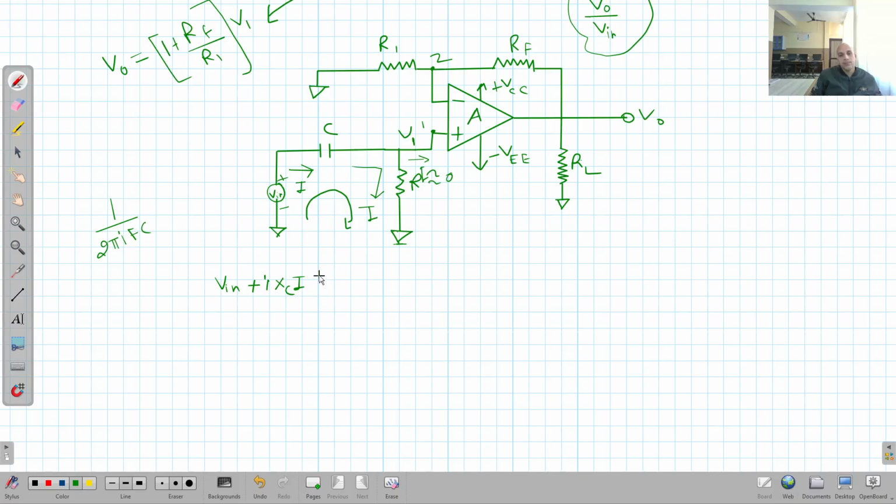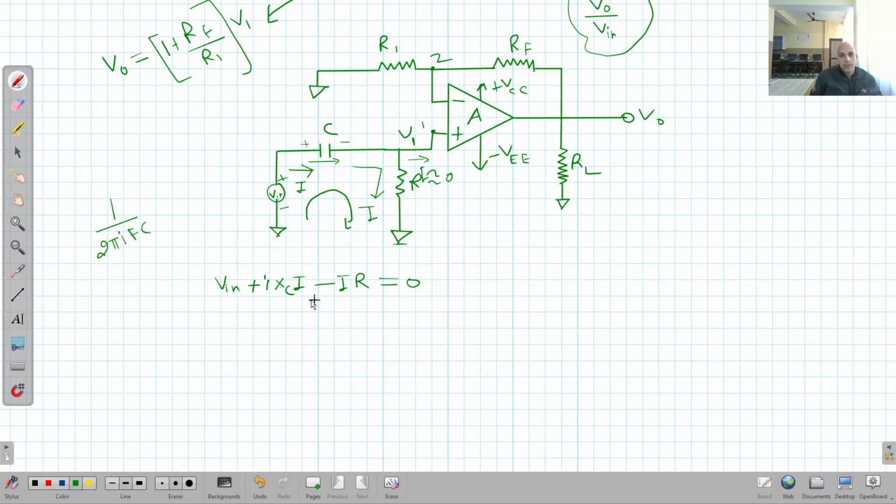Clear? Then the next voltage in this circuit is minus IR, because current is going in this way, so the same logic is here, is equal to 0. We started from this point, negative positive; here it becomes positive negative because current is going toward this side, same logic.